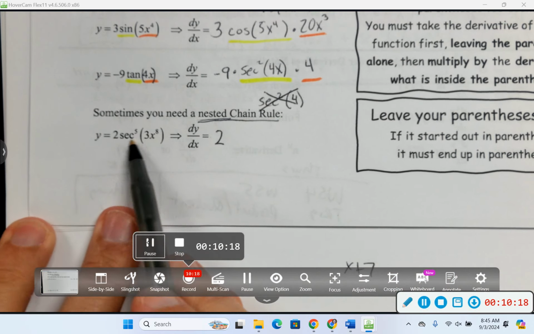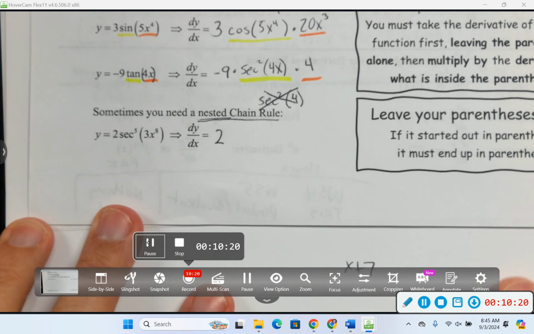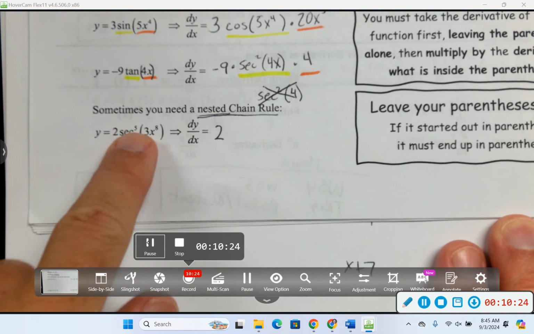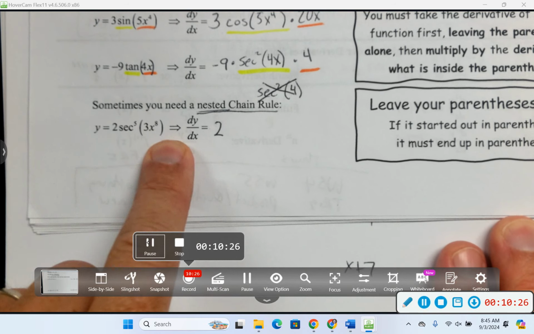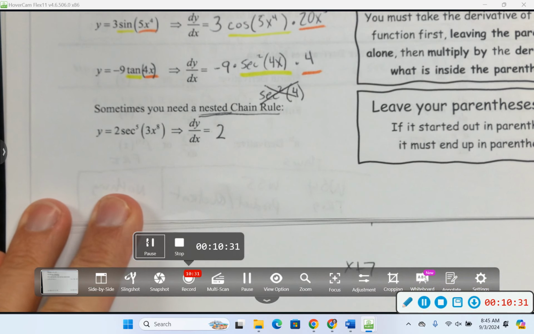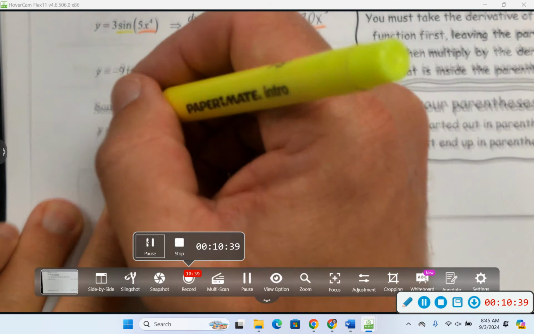I think I see 3 different things going on in this last one. I see a secant, I see a power of 5, and I see 3x to the 8th. Which one of those things is the outermost thing? The power, the 5.